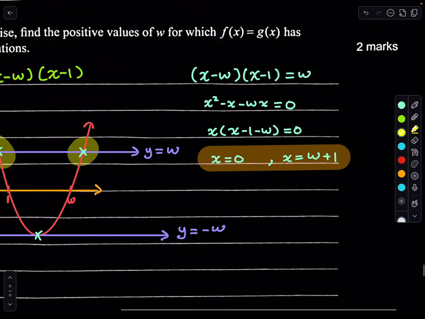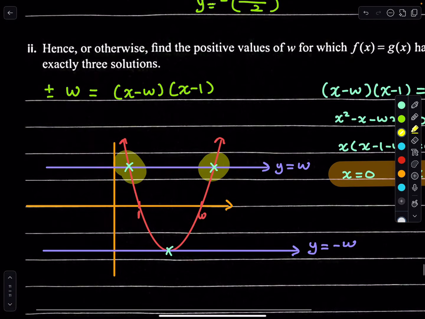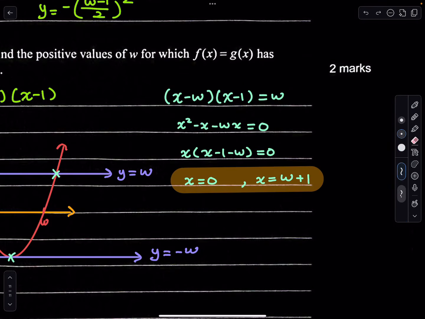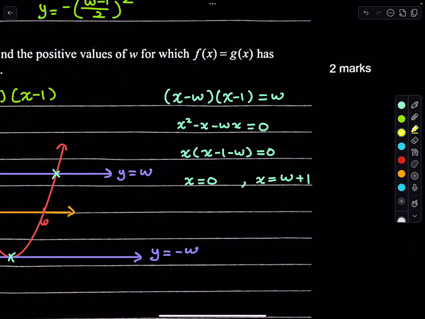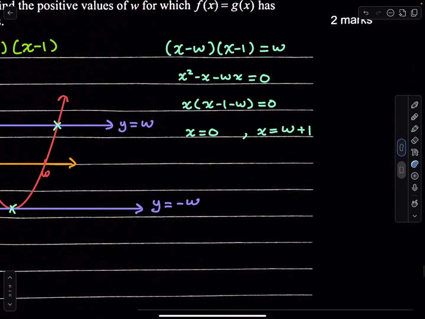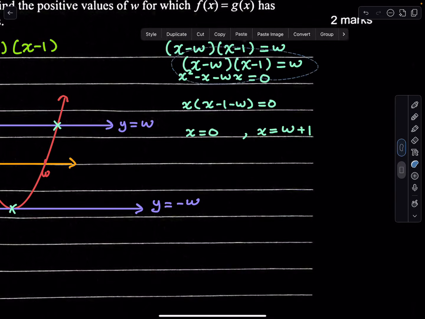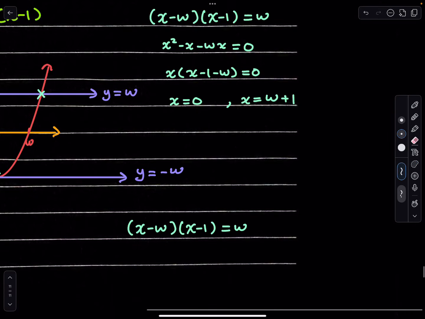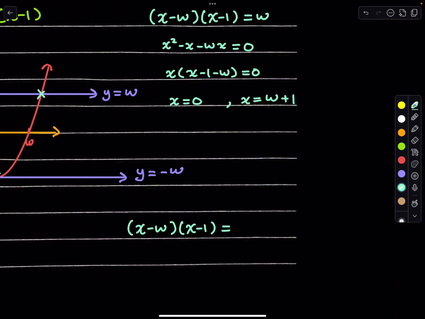Now, what we're going to do is solve the same process for the negative w, and we need to make sure we only have one solution, not two, specifically one. So let's basically copy and paste that right over here, but now, of course, this is negative w, and do the same thing.